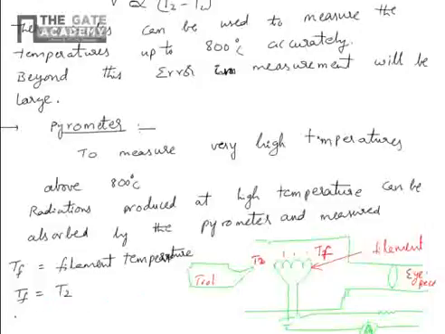Heat generated, Q, is equal to I square RT. We have shown the electrical circuit here, where we have to measure the current and resistance of the circuit, as well as temperature.